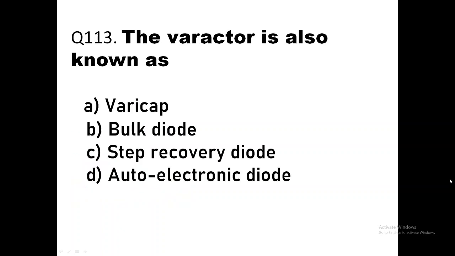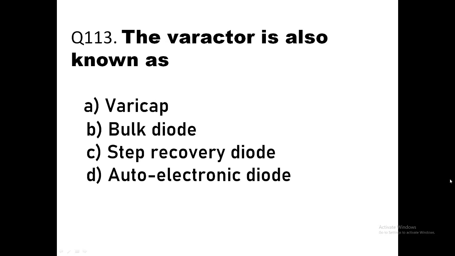Question number 113. The varactor diode is also known as varicap or bulk diode or step recovery diode or auto electronic diode. Now we know that a varactor diode works on reverse bias operation, on the depletion layer. The width of the depletion layer will decide the capacitance, and as you increase or decrease the reverse bias voltage, the capacitance of the diode will decrease or increase.